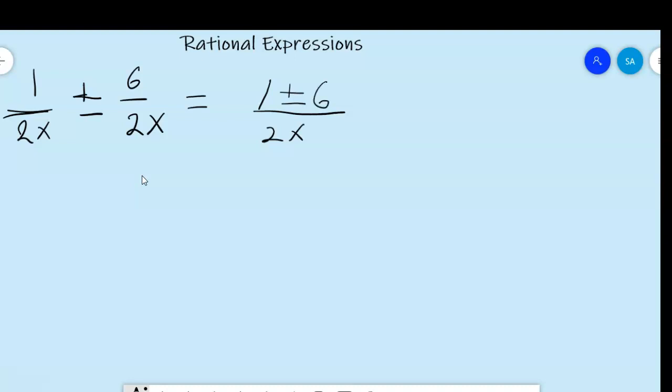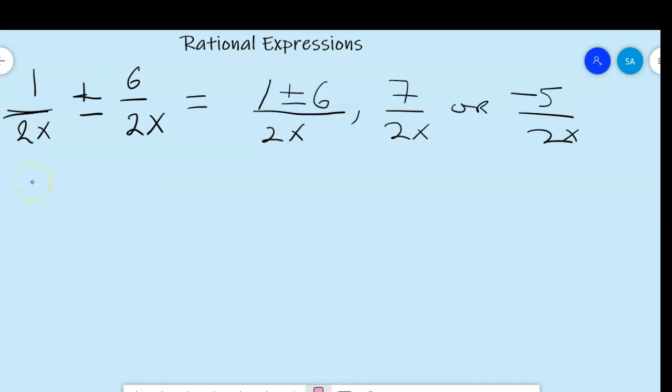So when we add it, we get 7 over 2x. Or when we subtract it, we get negative 5 over 2x.